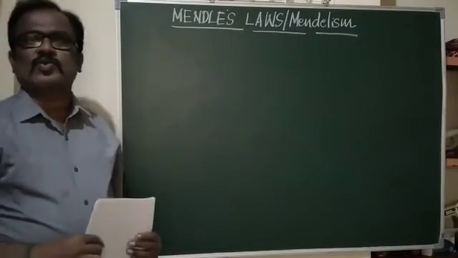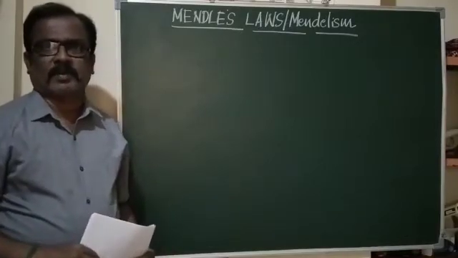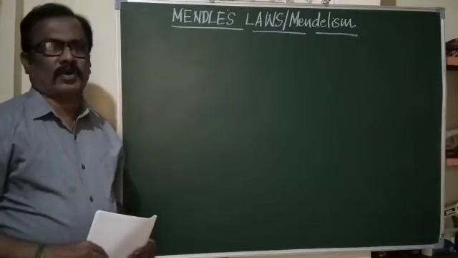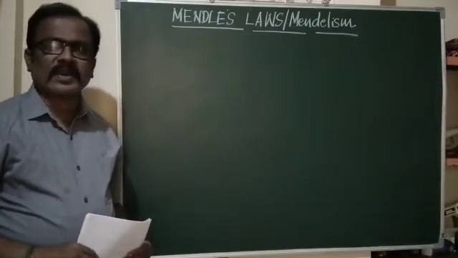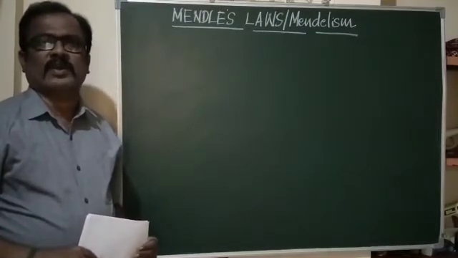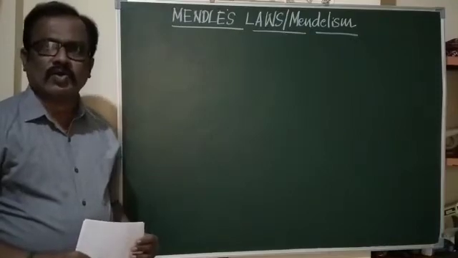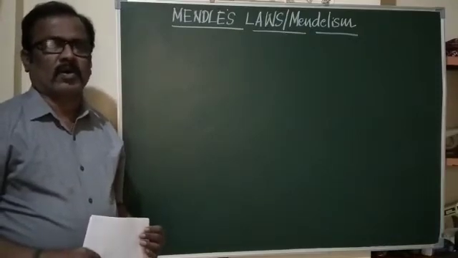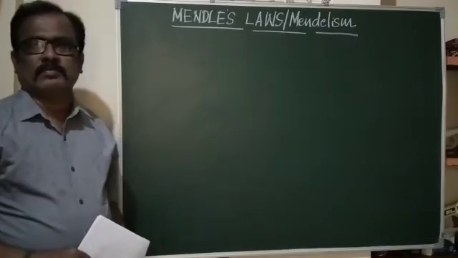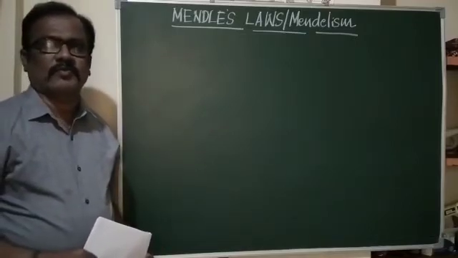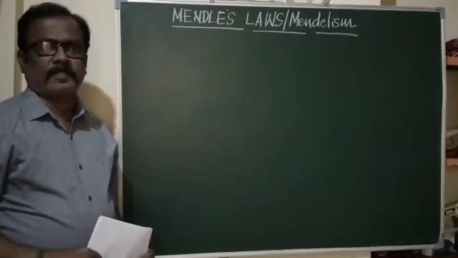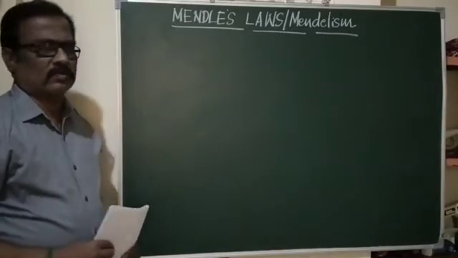On the basis of those two experiments conducted by Mendel, he put forward 3 statements, and those 3 statements were considered as laws of Mendel, or Mendel's laws, or Mendelism, or principles of heredity. Let us see those laws.